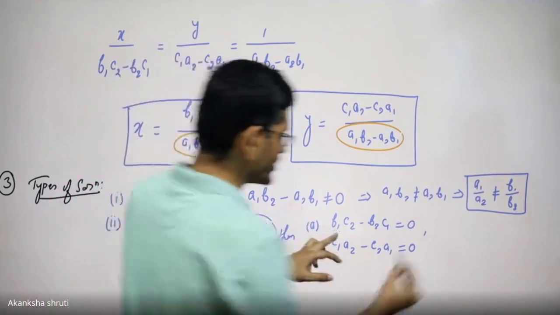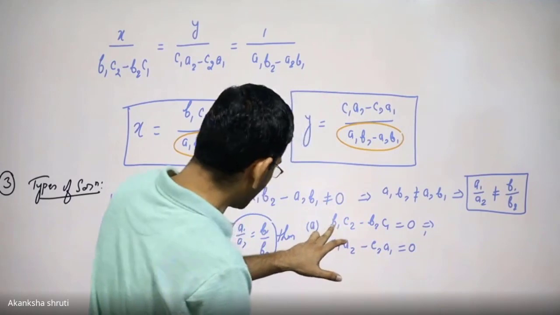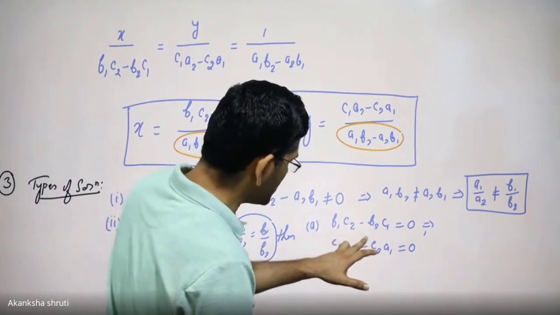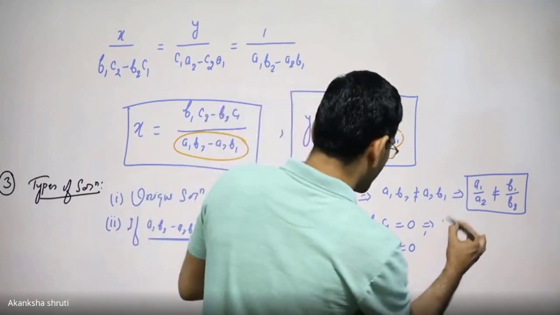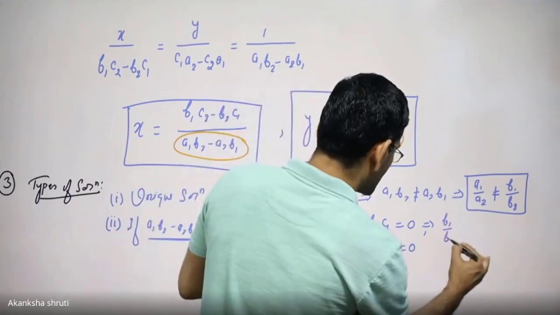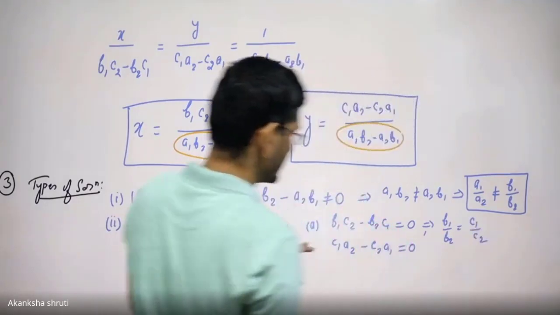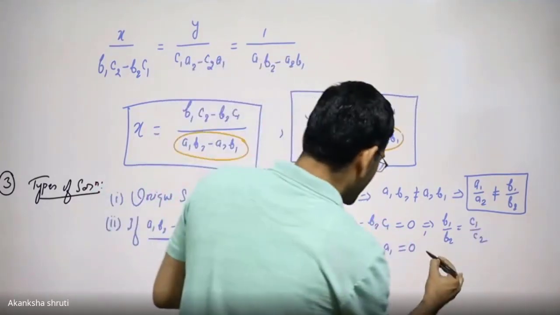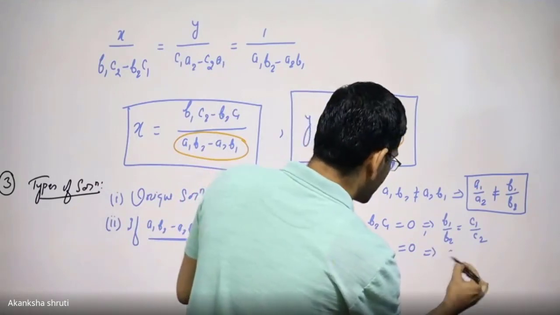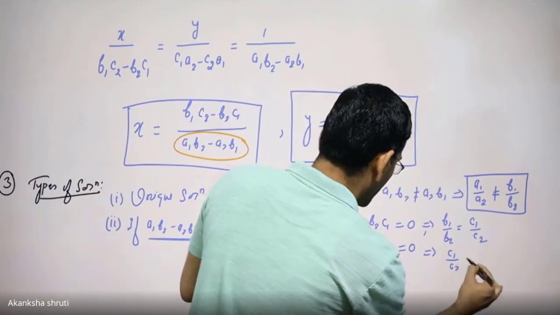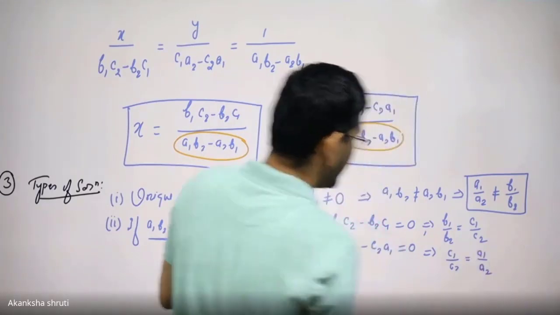If the numerator is coming 0, let us consider this one. This gives us b1 by b2 is equal to c1 by c2. If we consider this one, this can give us a1 by a2 or c1 by c2 is equal to a1 by a2. Means what?